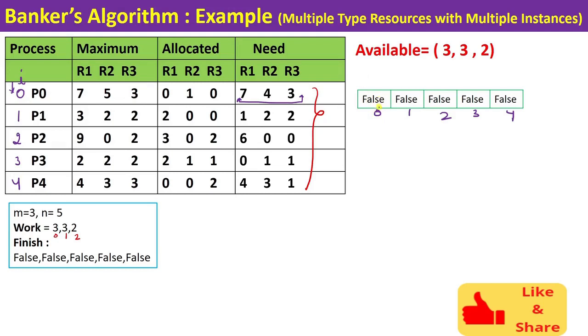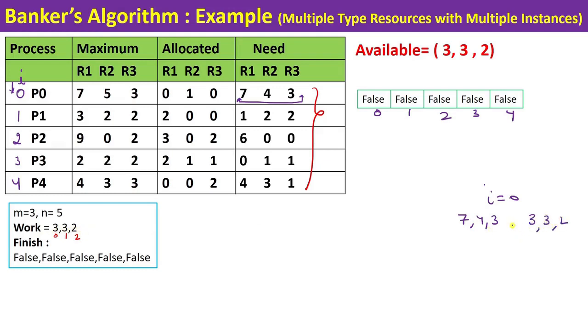So this is okay. Now we have to check the second condition, whether our need is less than the work or not. The need for i equal to 0 is 7, 4 and 3, and the value of the work is 3, 3, 2. So this should be less than or equal to the work.